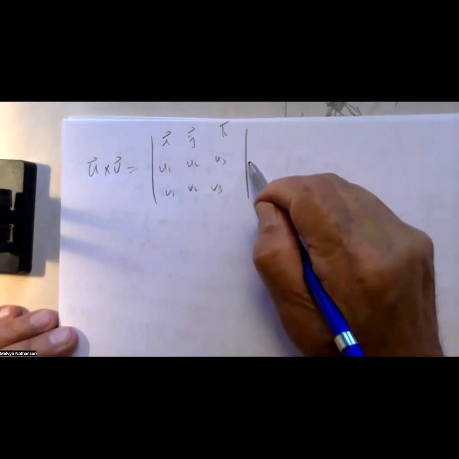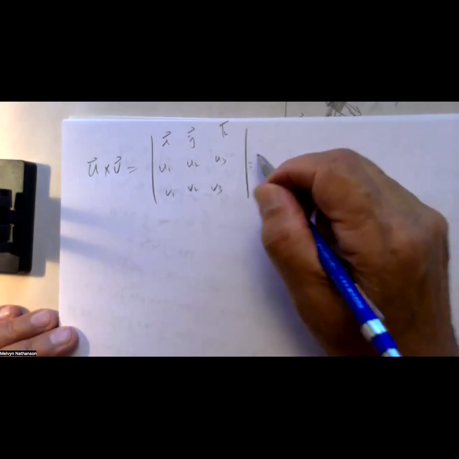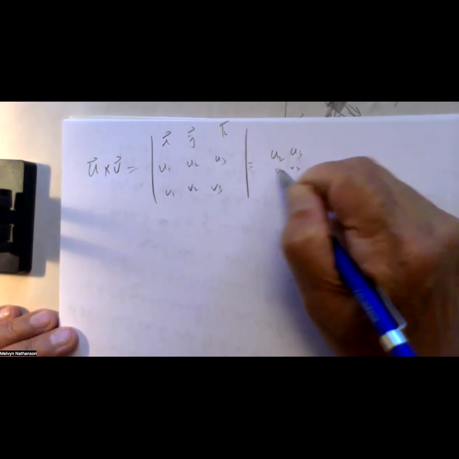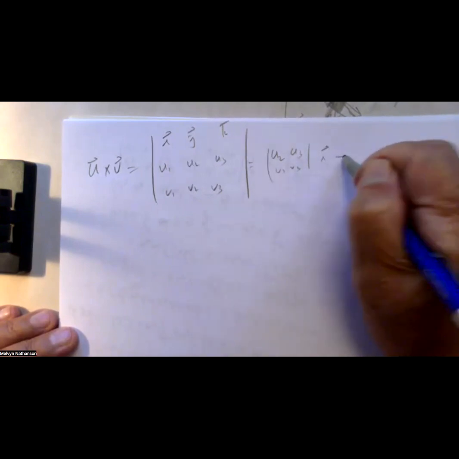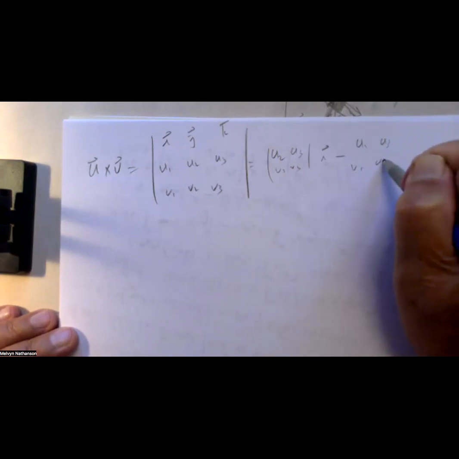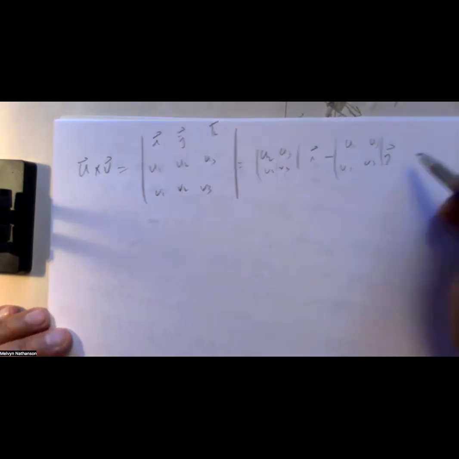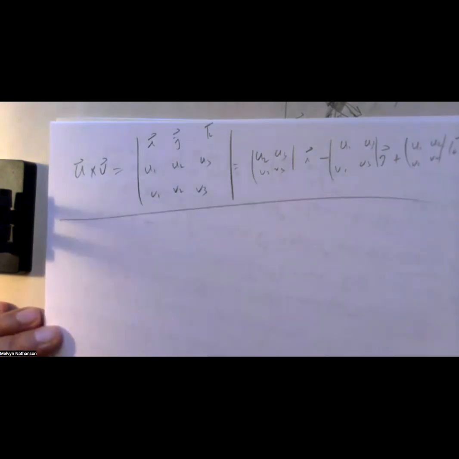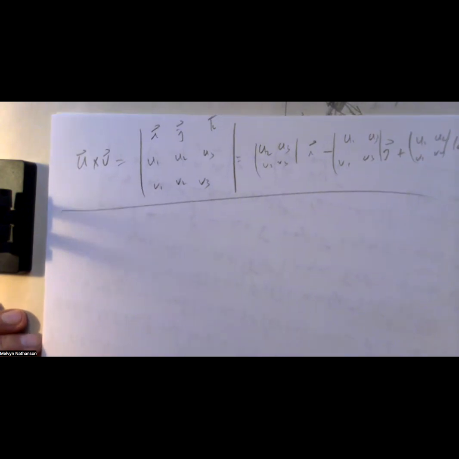This is really the determinant of u2, u3, v2, v3 times i, minus the determinant of u1, u3, v1, v3 times j, plus the determinant of u1, u2, v1, v2 times k. So that is the cross product.